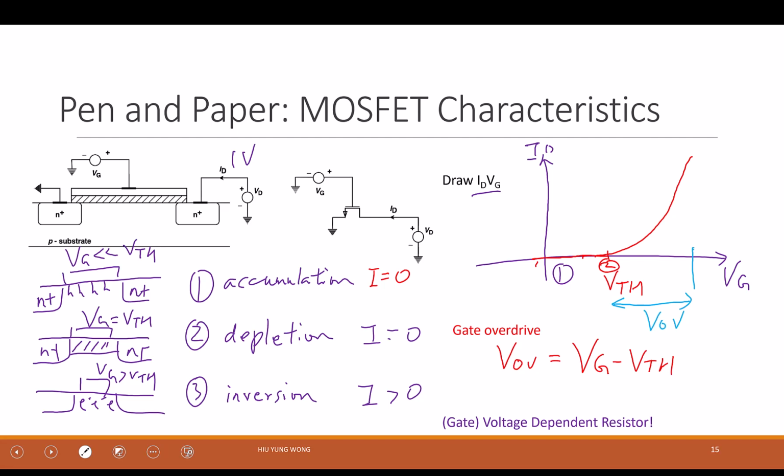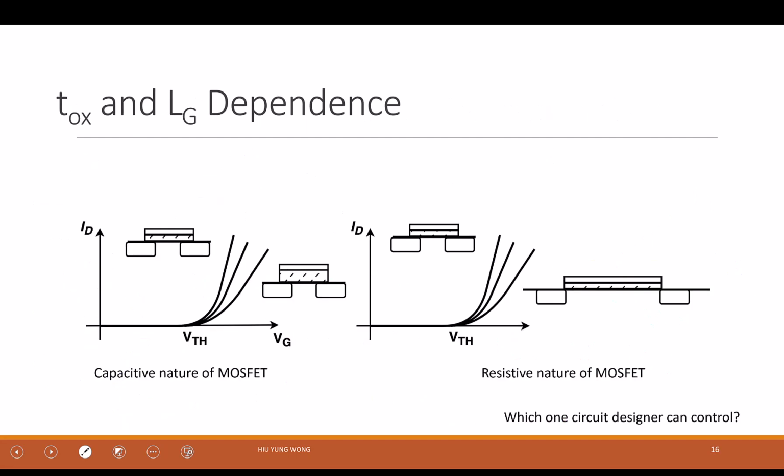Okay, gate overdrive. Again, here I show you this is a voltage dependent resistance, right? I change the voltage, current changes. So it is a voltage dependent resistance. So based on our understanding, without any equation, based on our understanding of how it works, maybe you can even tell me what happens if I change the gate oxide thickness.